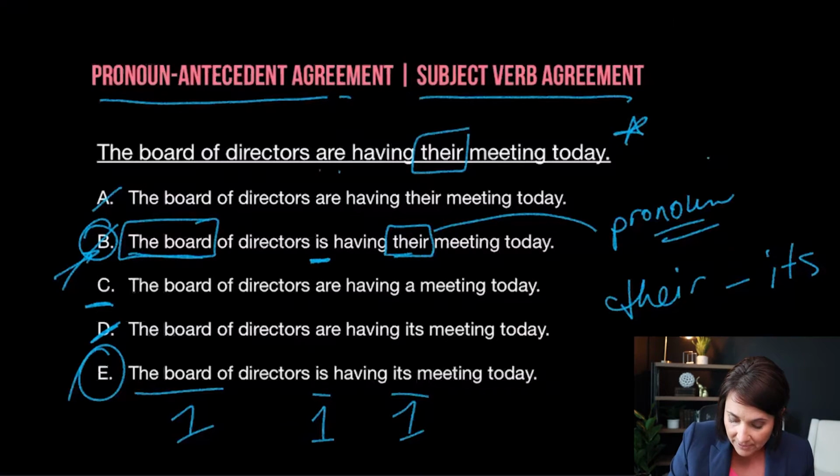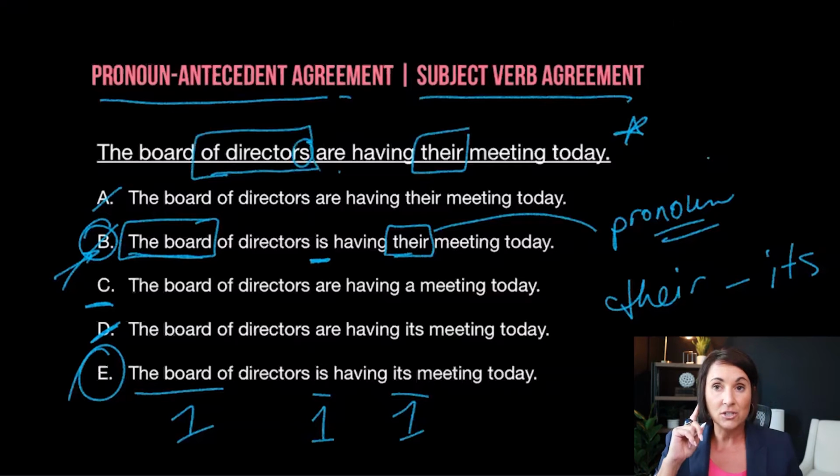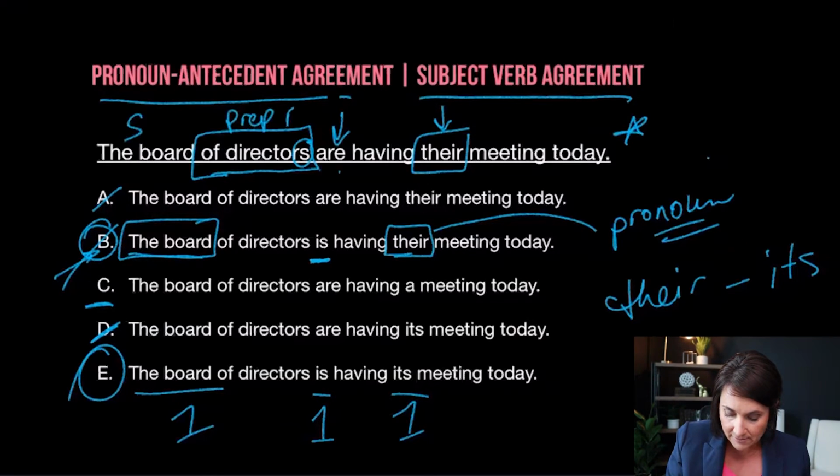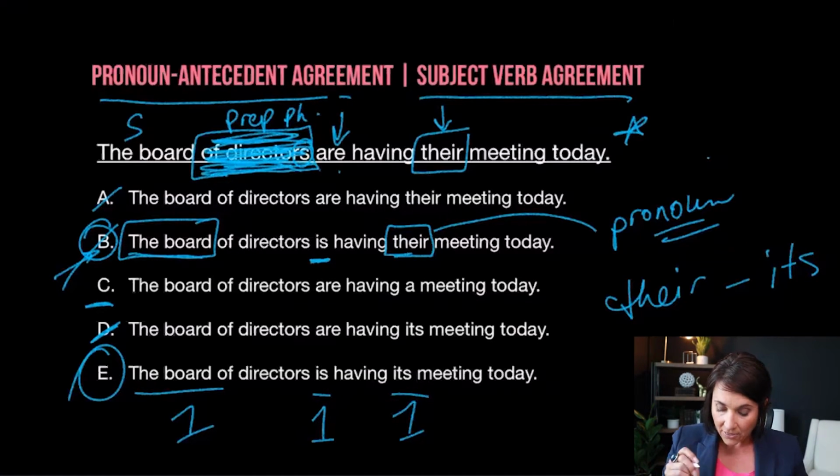And they're probably putting this sneaky prepositional phrase here with the S, because the last thing you hear before the verb and before the pronoun is directors are having their meeting today. But directors is not the subject. The board is the subject. Of directors is the prepositional phrase. Okay? And so essentially we could take that out right here and say the board are having their meeting today.